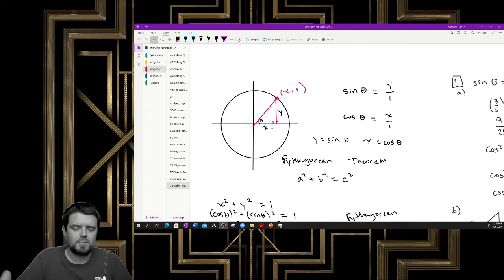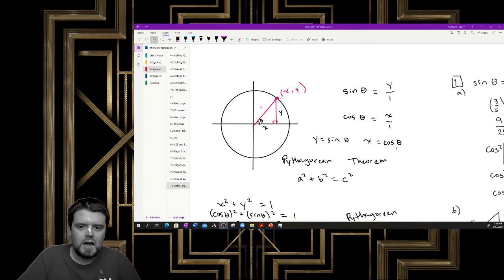So if I wanted to know the y value here, that would be opposite and hypotenuse in conjunction with this angle theta. So sine of that angle is y over 1. And cosine, in conjunction with this angle, would be adjacent over hypotenuse, so x over 1. Therefore, we can define x and y as cosine theta and sine theta, respectively.